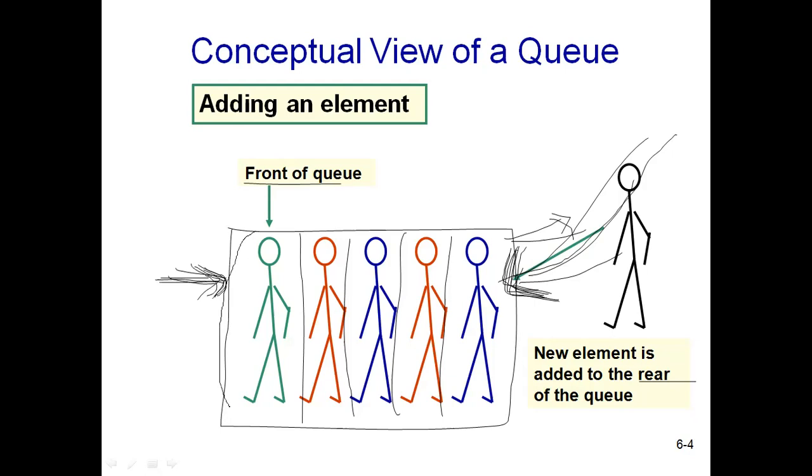The element at the front position is the first element, and this is the rear element, the last position. The element in the front side, the first element, is the one removed from the queue. So those are the operations we do in the queue: inserting elements from the rear side and removing elements from the front side.